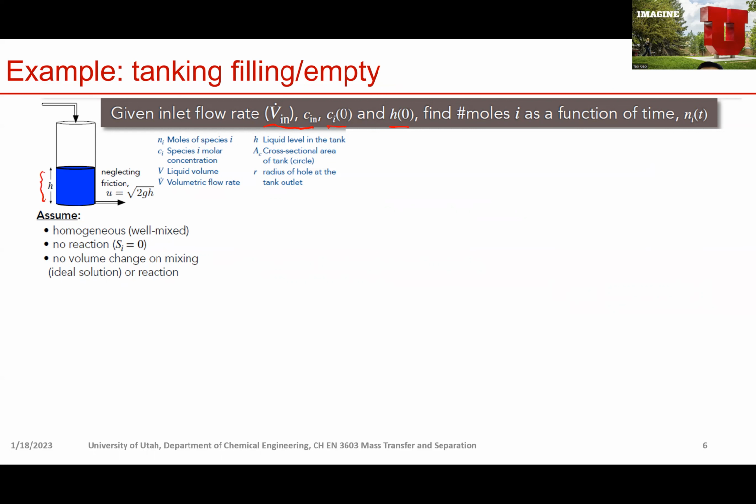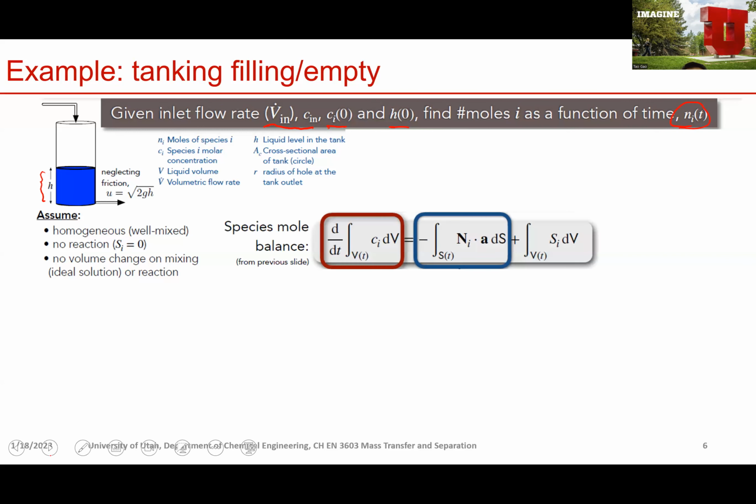We made some assumptions: homogeneous solution, no reaction, no volume change. Now the question asks us to solve for the number of moles of species i present in this tank over time. What we did is apply this mole balance equation.